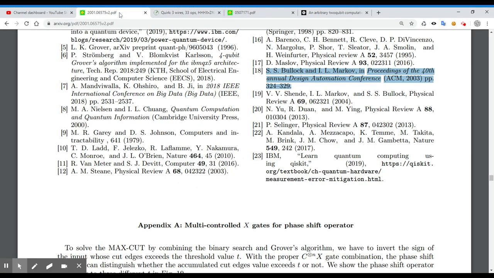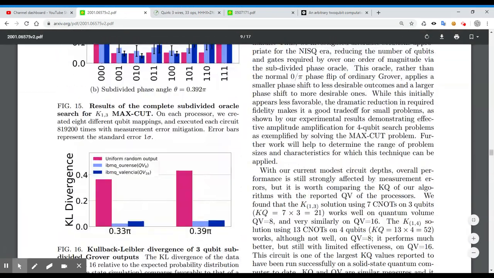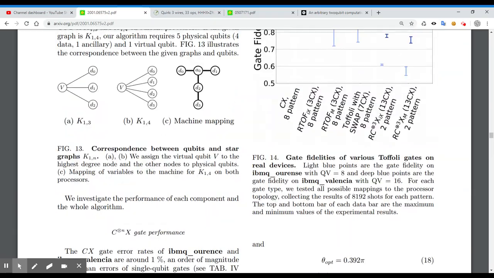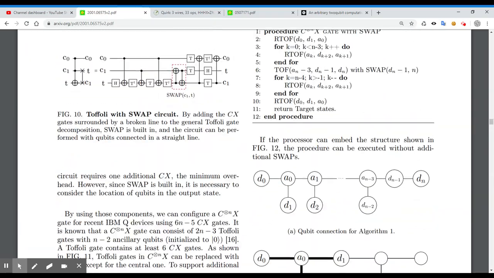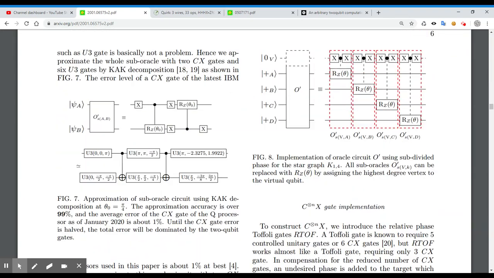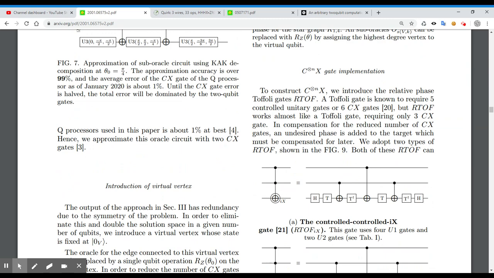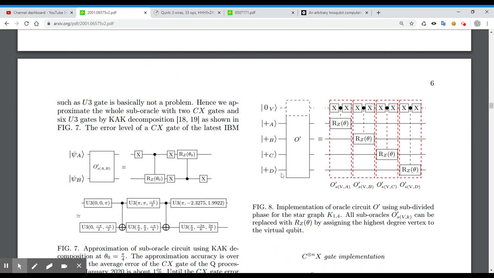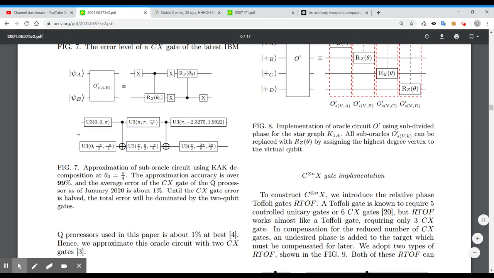But what this is telling me is that you could think of these as a compilation problem and say, that's the solution, and that's how you would approximate it in a way that reduces the errors. So I'm going to follow my approach and put that aside for now, and then go ahead with the virtual vertex technique here. That can be interesting, and then I'll come back to that part as well.